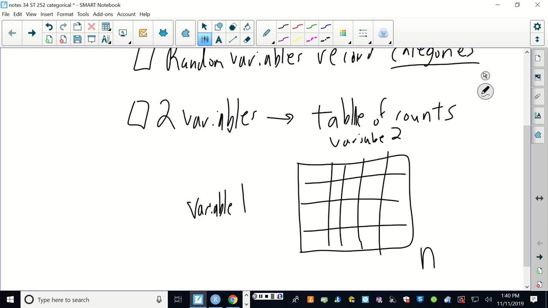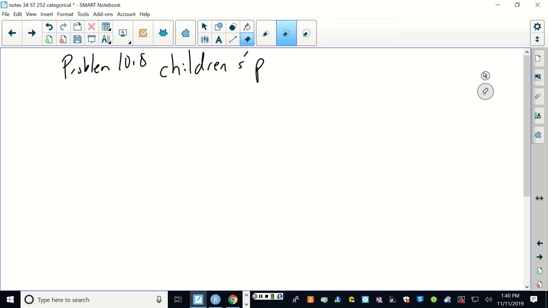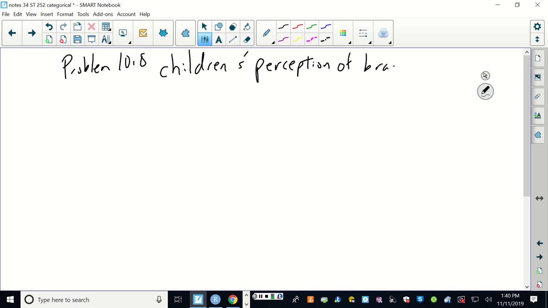As an example of this, I looked at problem 10.8, and it has many categories in one dimension. I collapsed it a little bit. This is children's perception of brands and products.